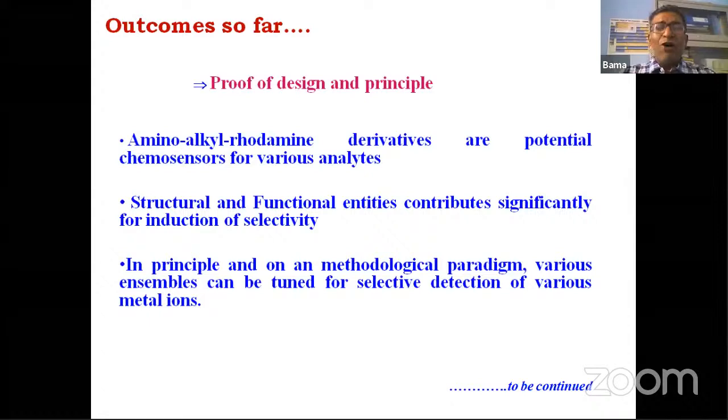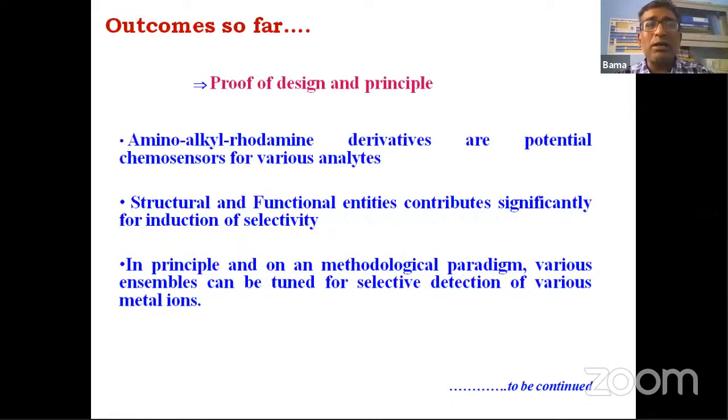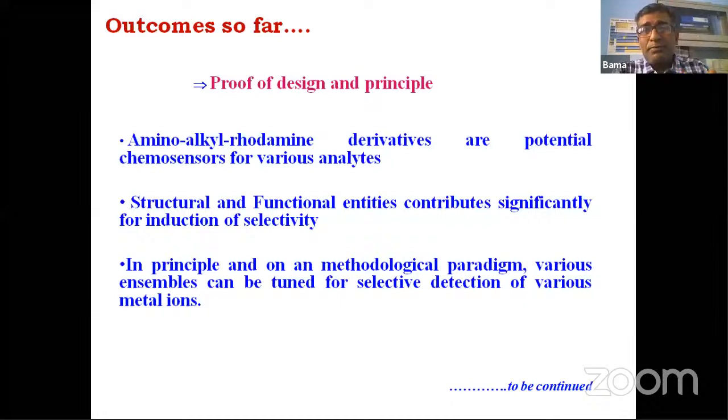So basically, in all these experiments and all this data I have shown, I wanted to show a methodology that these kinds of molecules are potential chemosensors for various analytes, where the molecular design is based on the targeted analyte. In another way also, we have a probe, and we have to investigate what kind of analyte it can bind, so that it can change its absorption, fluorescence, or color on host-guest interaction.